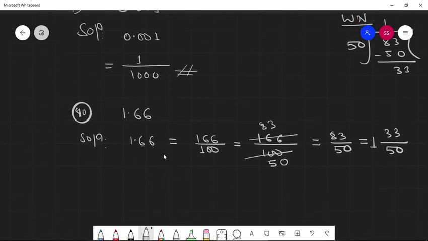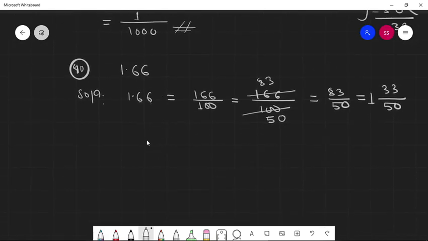The first process is this. Now the second process, dear students: we have been given 1.66. You may write 1 plus 0.66. The whole number we can keep as usual. So 1 plus this decimal number, 66 over 100. Now you can cancel this.